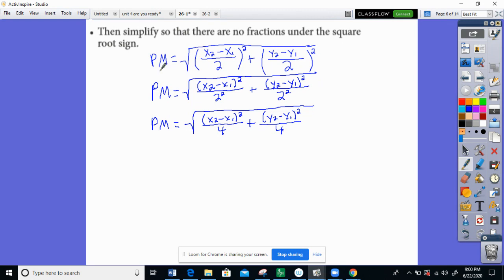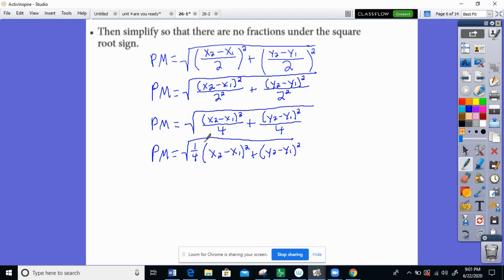And since both of these terms have a 4 in the denominator, we can factor out a 1/4 in front. Then we'll be left with just (x2 minus x1) squared plus (y2 minus y1) squared.